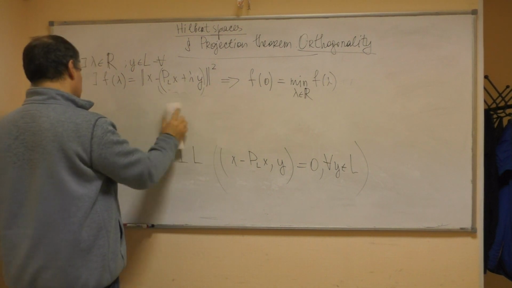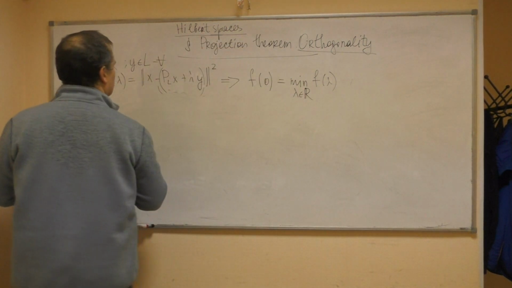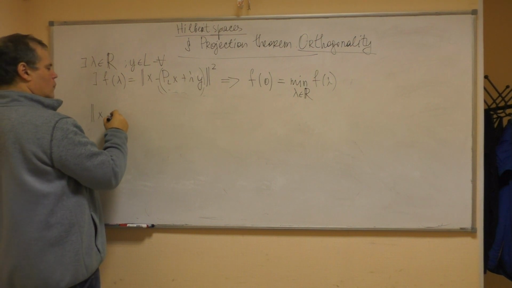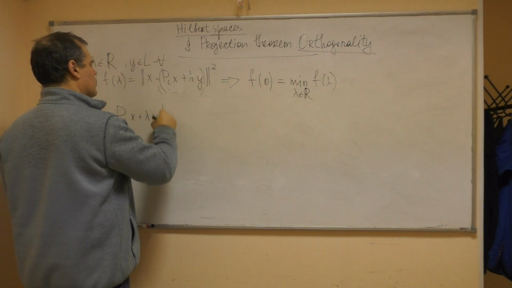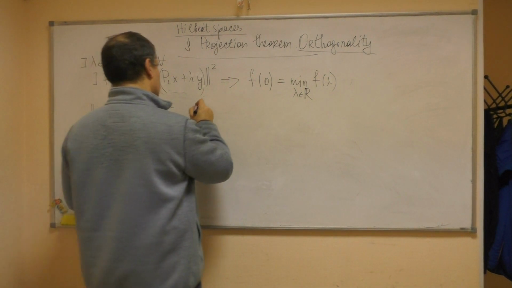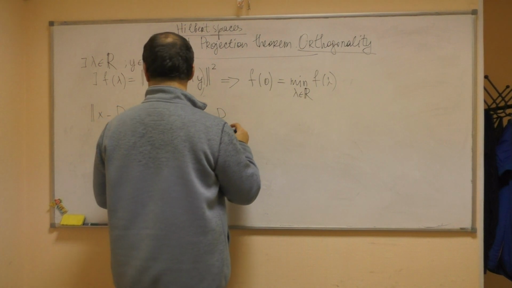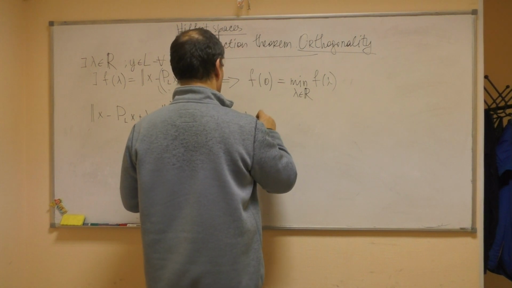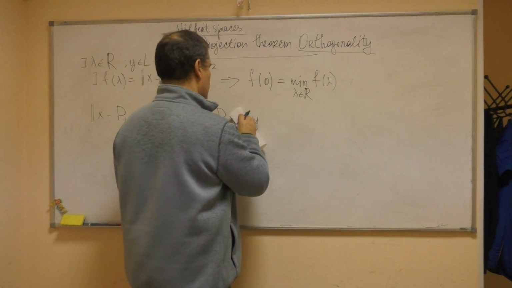Let's memorize it and continue. If we simplify this relation, the square of the norm is the inner product of the element by itself. Here was minus.